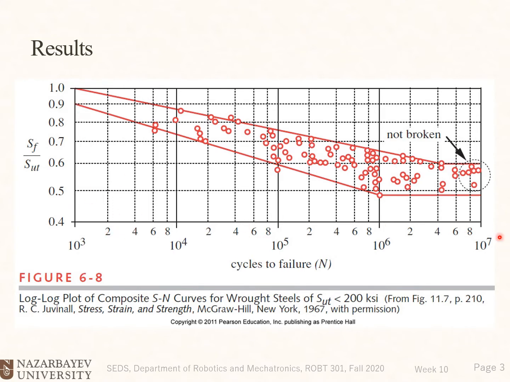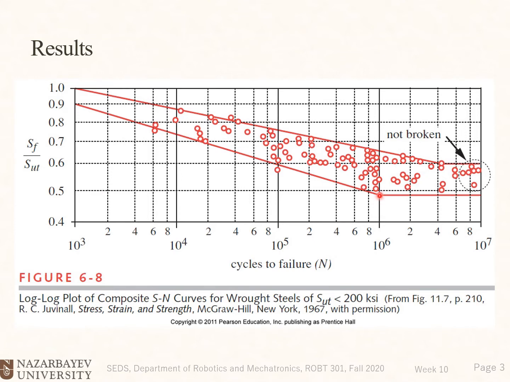So on this type of diagram, you see that we have a linear reduction in the fatigue strength. By increasing the number of cycles, the fatigue strength decreases linearly. Okay. But then for the steel case, it doesn't go below a specific limit.